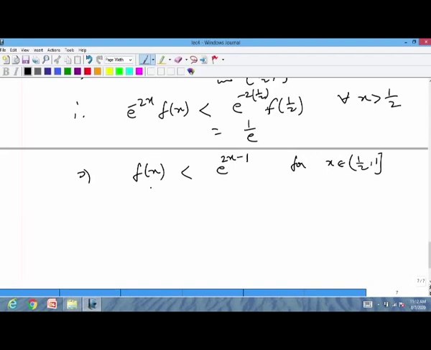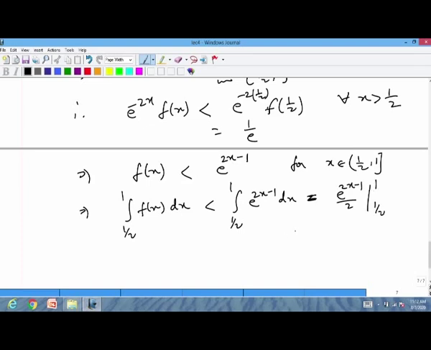So, if f x is less than a function g of x, then this will imply integral half to 1 f x dx is less than integral of half to 1 e to the 2x minus 1 dx, and this is equal to e to the 2x minus 1 by 2 from half to 1, which is equal to, at x equal to 1, this will give e by 2, and at x equal to half, it is e to the 0 which is 1 by 2.